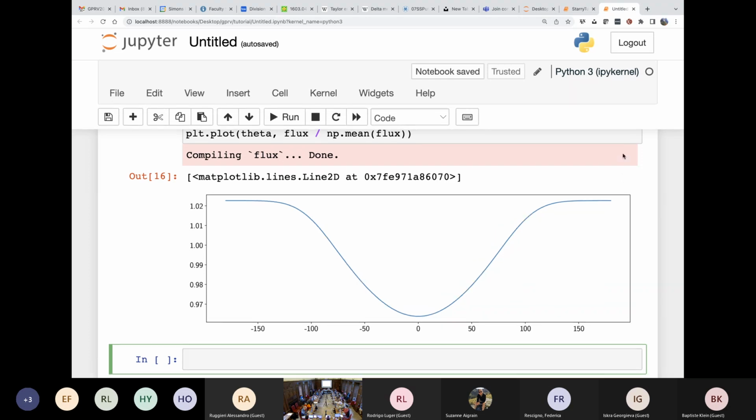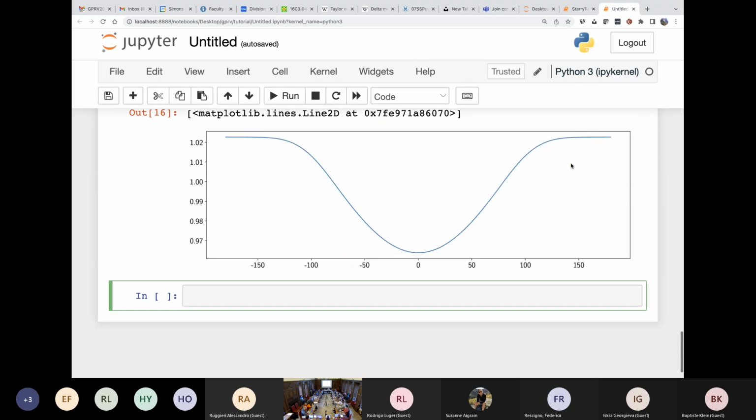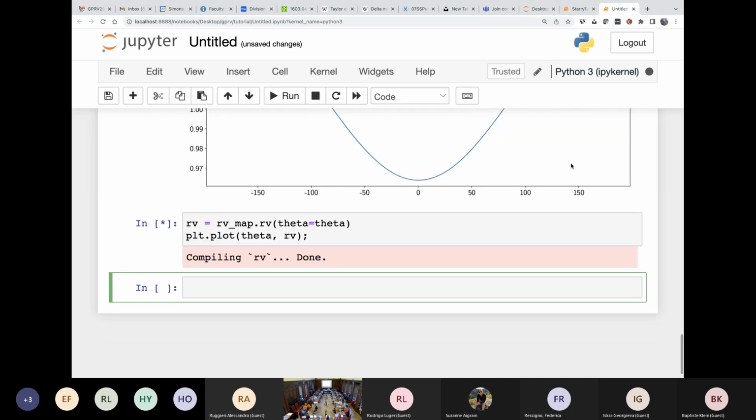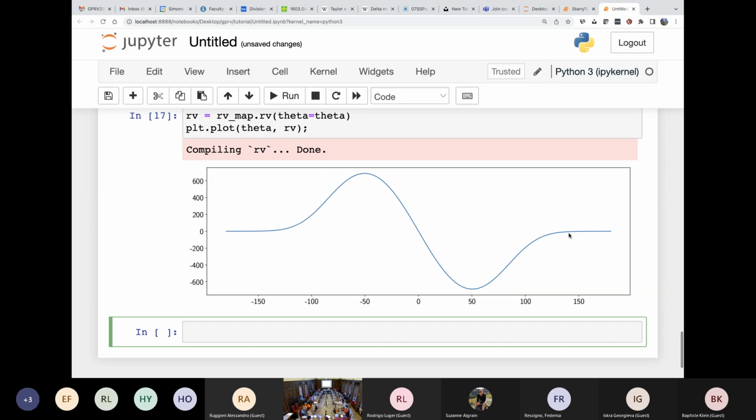What that looks like in starry is you just compute rv(theta=theta), and then we can plot that. And lo and behold, it looks kind of like the derivative of the flux.